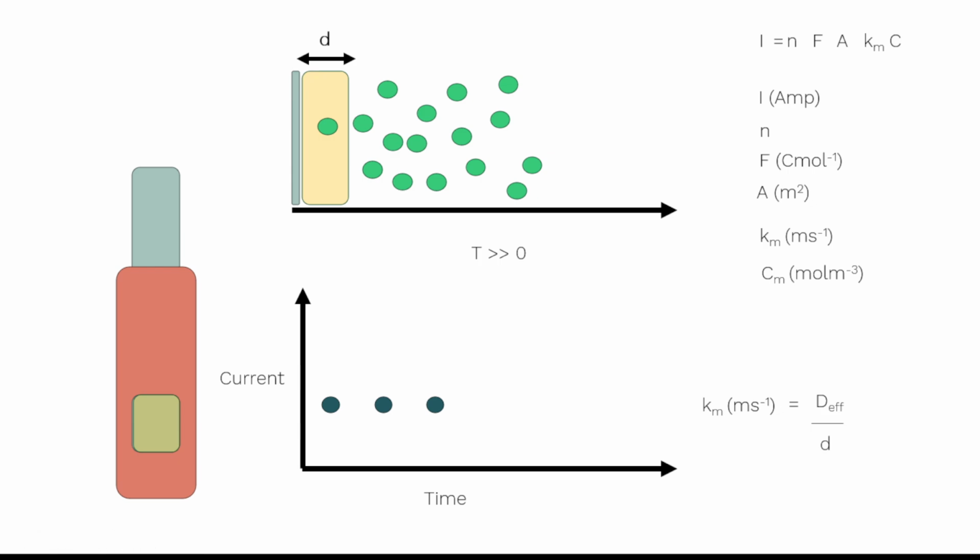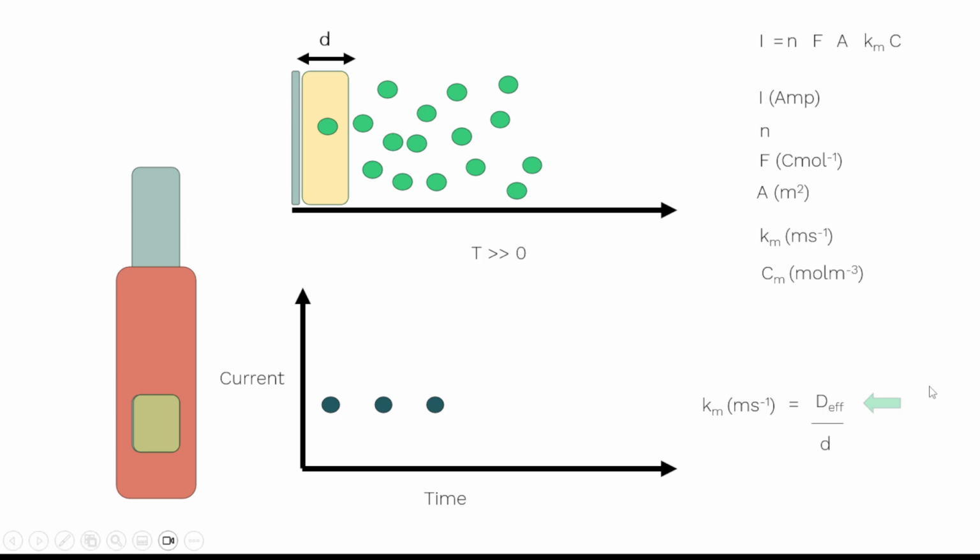And if you make a membrane that is thick, Km is essentially smaller. So you can see that you've got a handle on controlling current through just the thickness of the membrane. But this D effective is telling you about the interaction between your molecule and your membrane. If you make a membrane that is very dense, then D effective will be lower. If you make a membrane that's very porous, the D effective will be higher.